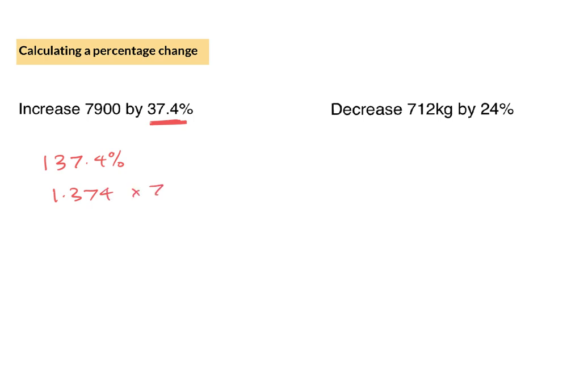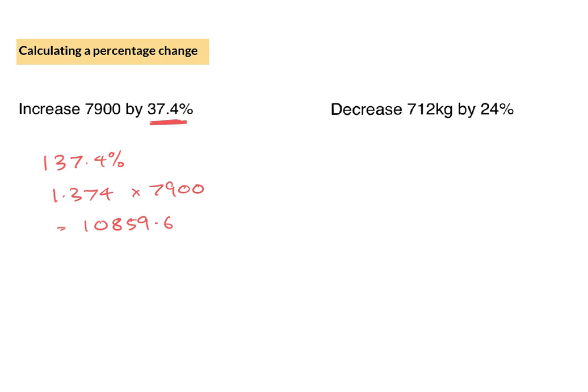I multiply it by the amount that I had to start with, which in this case is 7,900, and I get an answer of 10,859.6. You can work out the 37.4% separately and then add it on to 7,900, but this way is quicker.